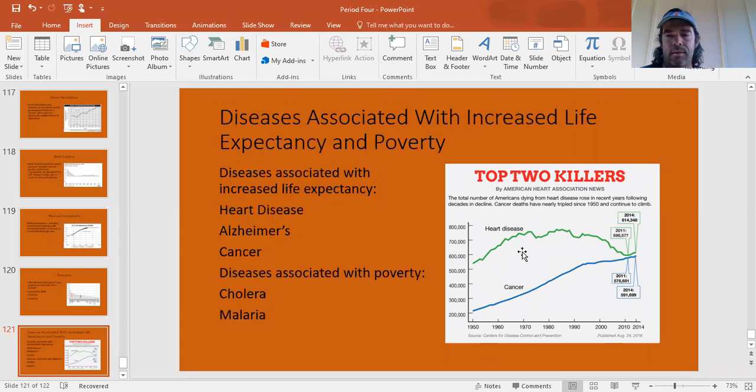Also, there are diseases associated with impoverished regions of the world, cholera and malaria. You're like, I've never heard of anyone having cholera or malaria. That's because you live in a rich country. Places like China, India, Africa, these are still ongoing diseases that periodically you see epidemics take place in.